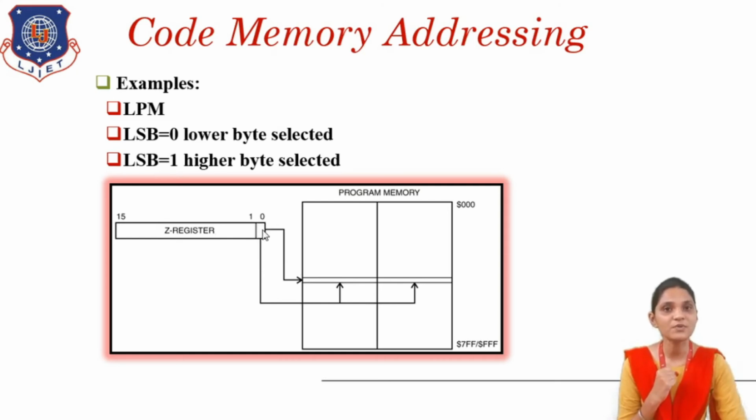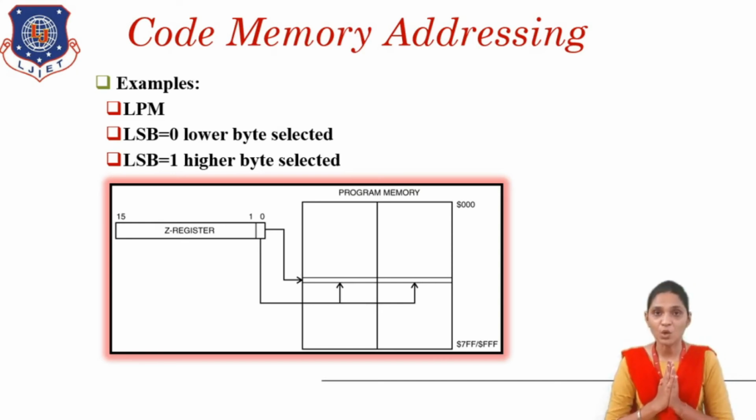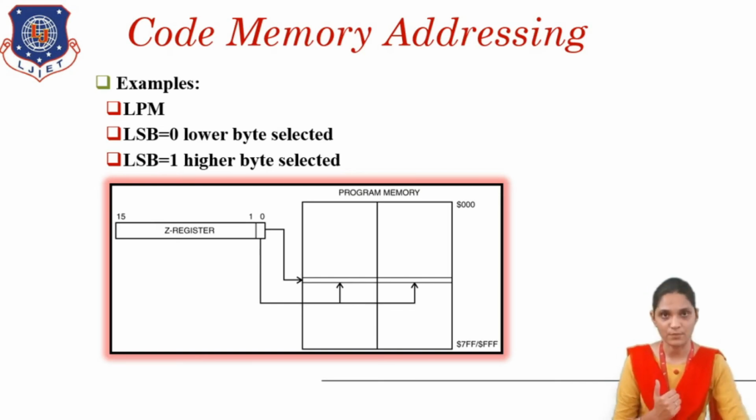If this LSB bit is 0, then the lower byte of that particular memory location is selected, and if its value is 1, then the higher byte of that particular memory location is selected and provided to the processor. So this is the LPM instruction which you can use for accessing the program.